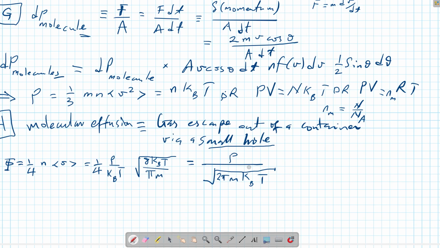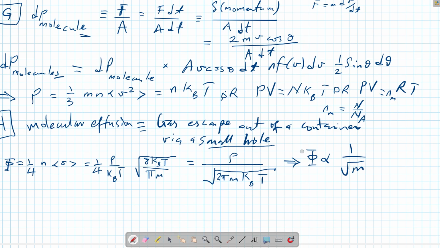One can see that flux is directly proportional to pressure if temperature is constant, and also flux is directly proportional to the inverse of the square root of m if we keep other things constant. So keeping pressure and temperature constant, flux is directly proportional to 1 over the square root of m.